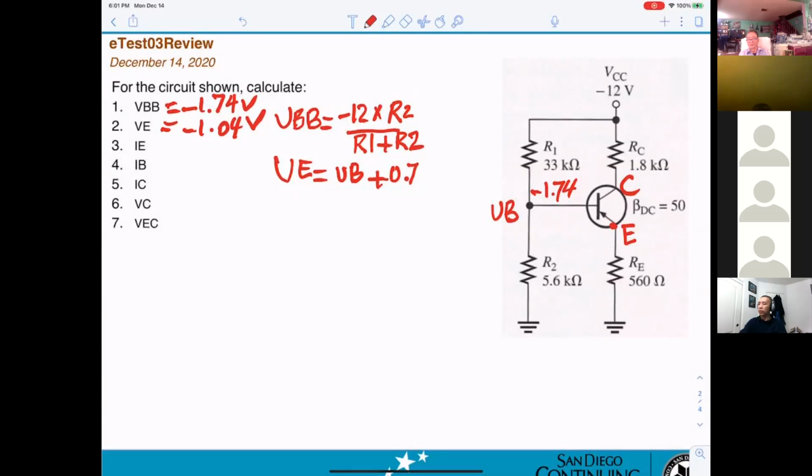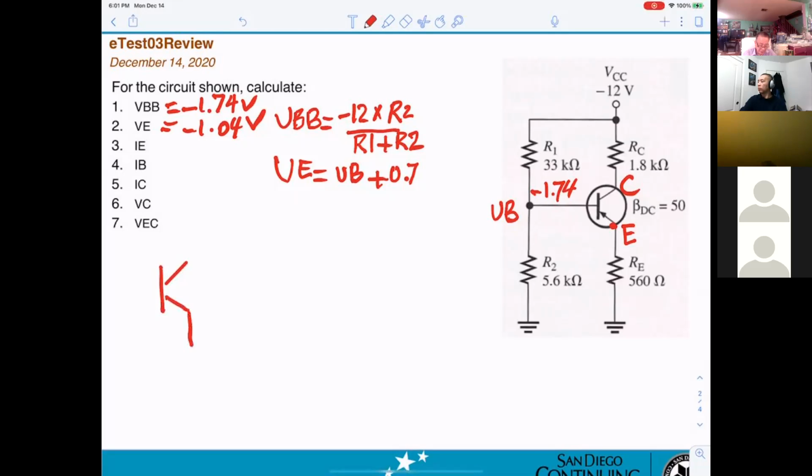Hey, Mr. Pham, is that because, since the arrow is pointing in, the current is flowing into the base from the emitter, correct? Yeah, we already know the current for an NPN transistor: IE goes this way, IC leaving, IB leaving.